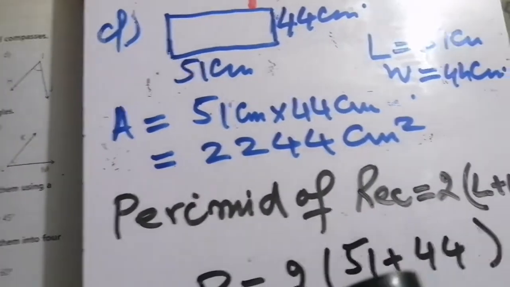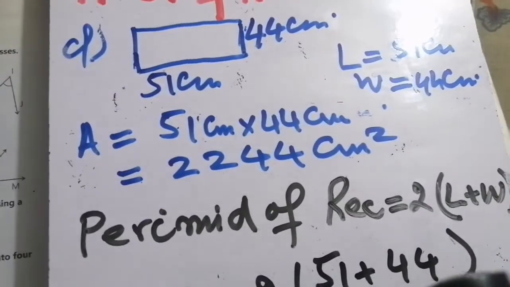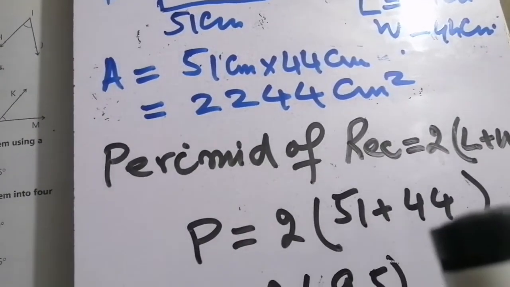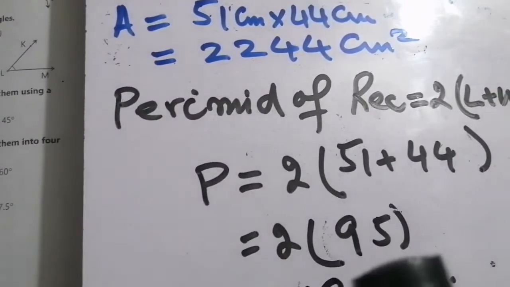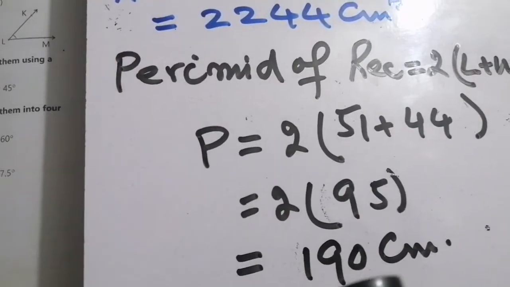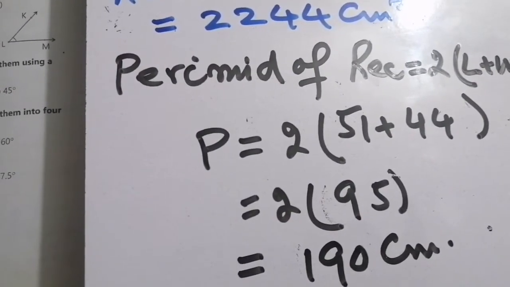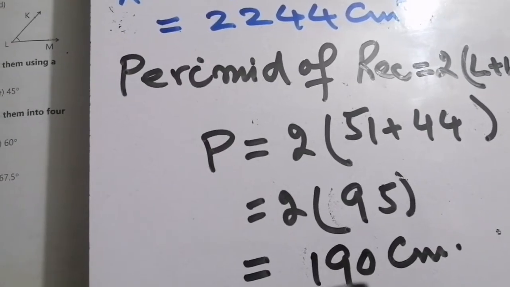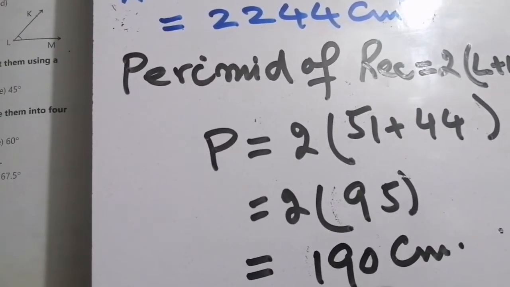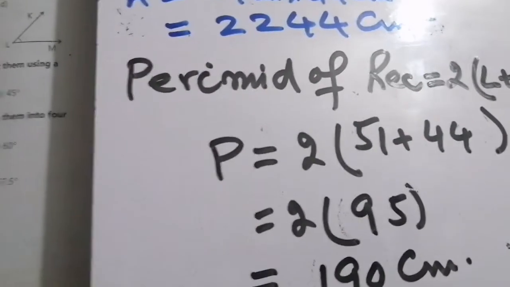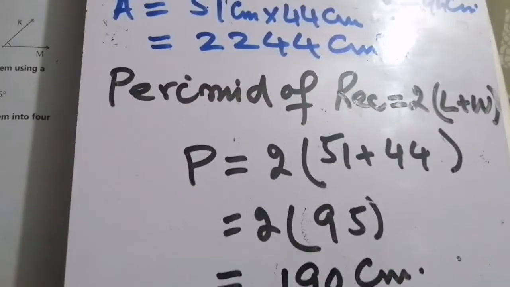In the same way, the perimeter will be 2 into length plus width, 2 into 51 plus 44, that is 2 into 95. When we multiply 95 by 2, 5 twos are 10, 1, 2 nines are 18 and 1 is 19. So 190 centimeters is the perimeter of the given length and width.